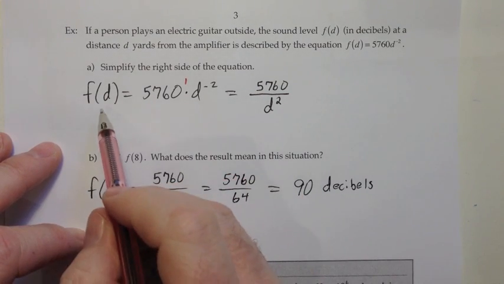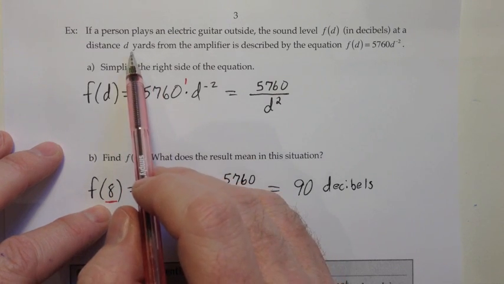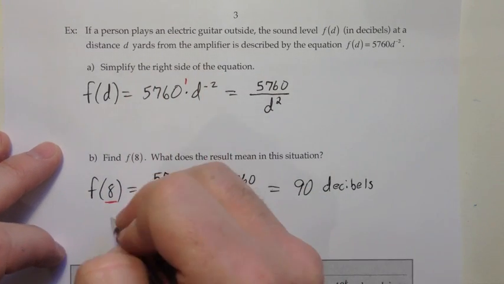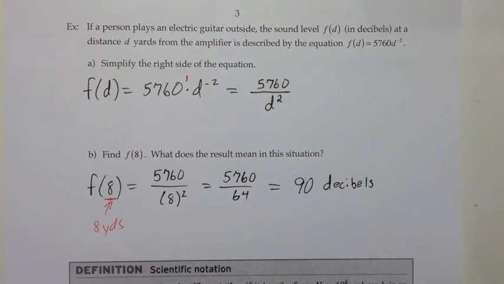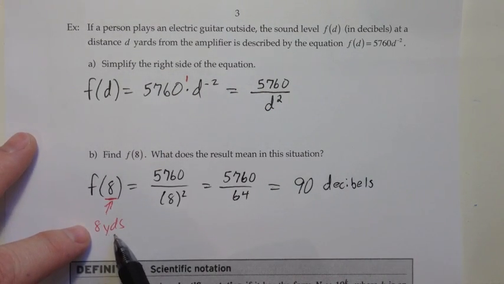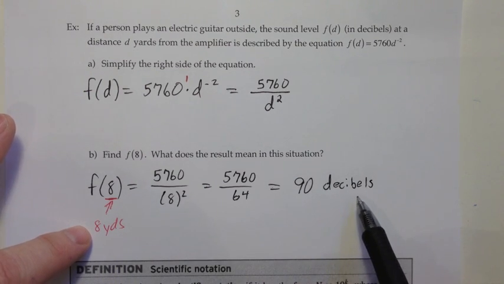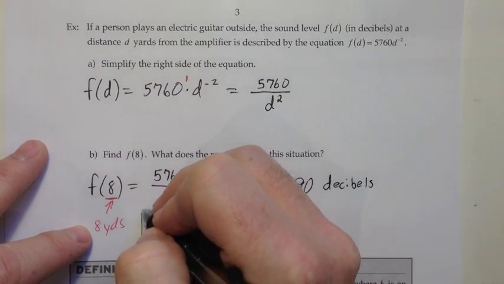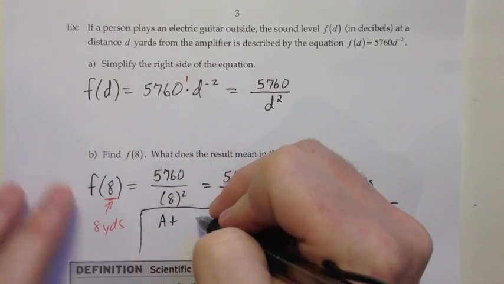Well, 8 went in for d, so 8 was a value of d, and d was the number of yards we were from the amplifier, so that represented 8 yards. So then I just want to put that into words and say, if we're a distance of 8 yards away from the amplifier, we hear the sound at a level of 90 decibels. So let's write that out.